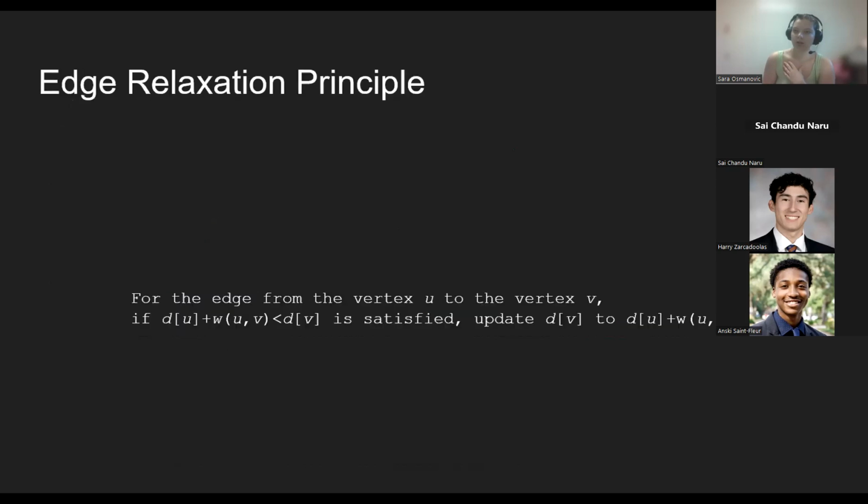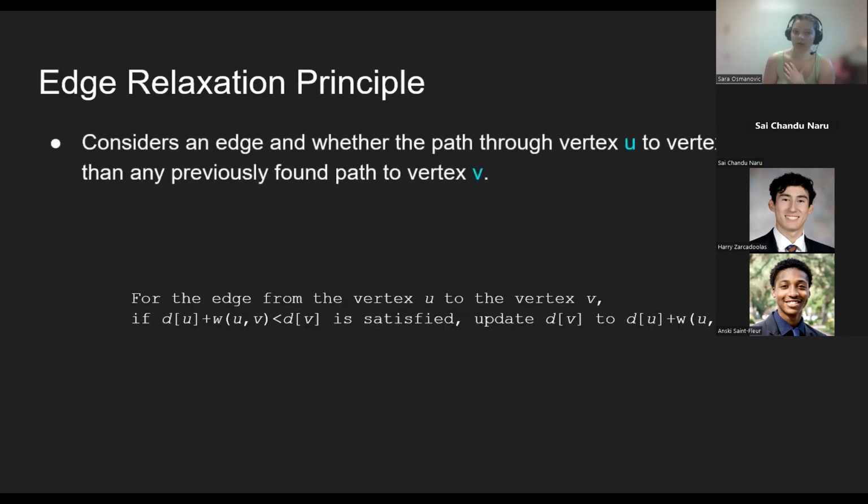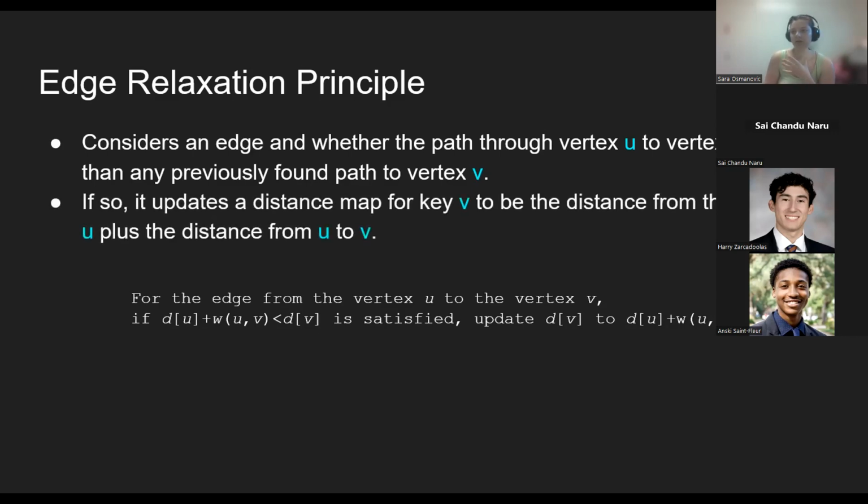So the edge relaxation principle looks at an edge and checks whether the path through vertex u to vertex v is better than any previously found path to vertex v. So it's a fairly simple comparison. It updates the distances, or distance map, however you want to store the distances, for the key v to be the distance from the source to u plus the distance from u to v if that's shorter.